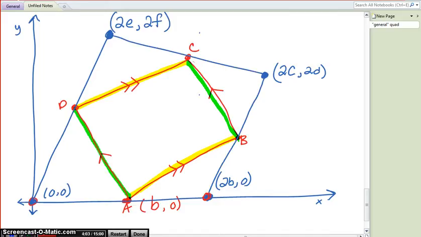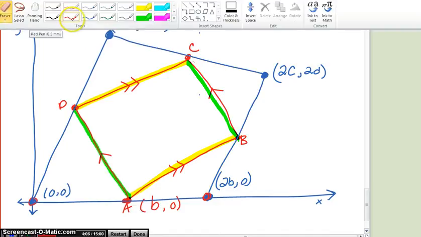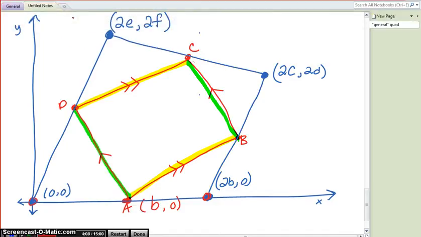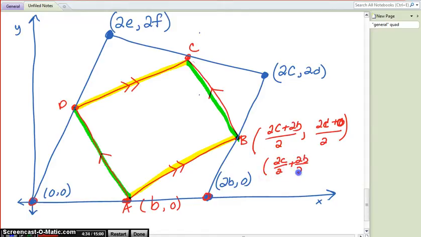we will have coordinates for A, B, C, and D. So let's start with B here. The average of 2c and 2b, and the average of the y-coordinates, 2d plus 0. That's a 0. There we go. So let's simplify that. 2c over 2 plus 2b over 2.